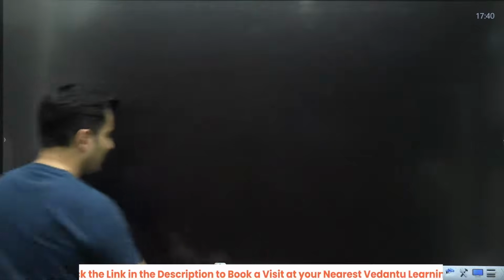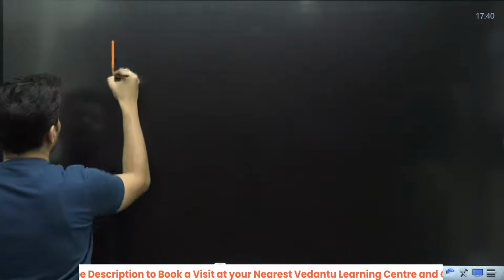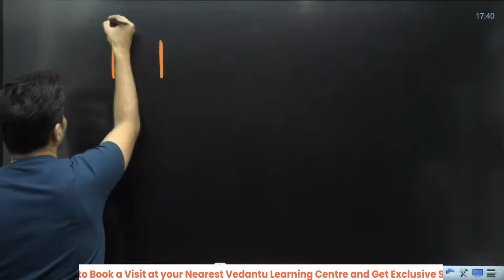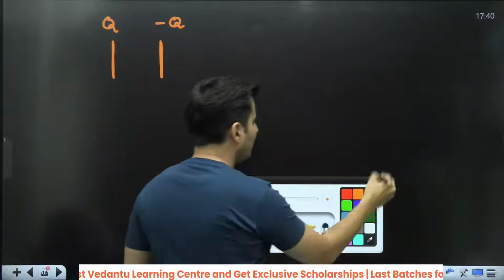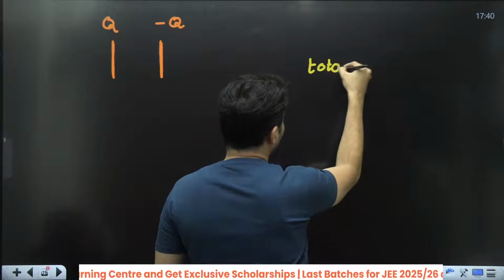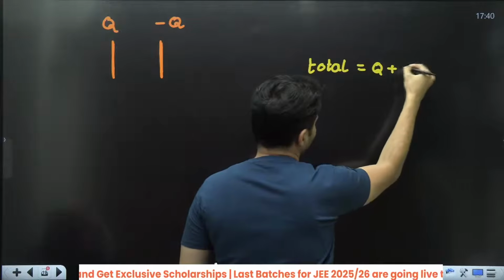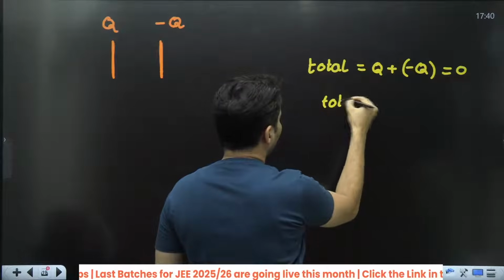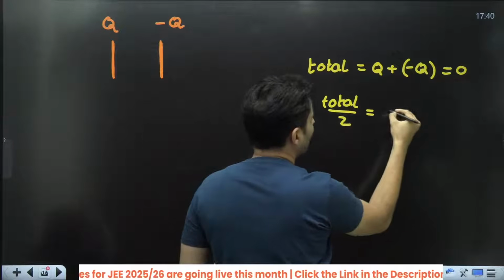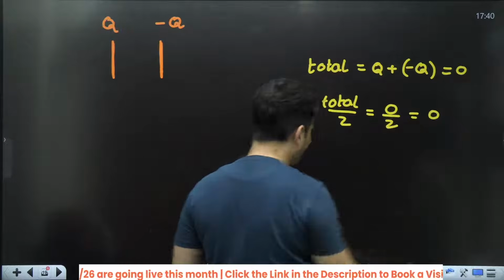Okay, now think of similar logic if I tell you there is a Q charge here and a negative Q charge on the right plate. What would be the total charge? It will be Q plus negative Q, which is nothing but 0. So the total charge divided by 2 is 0 by 2, which is just 0.